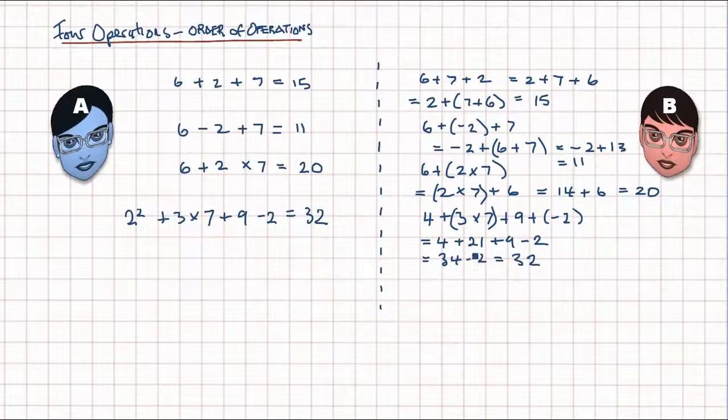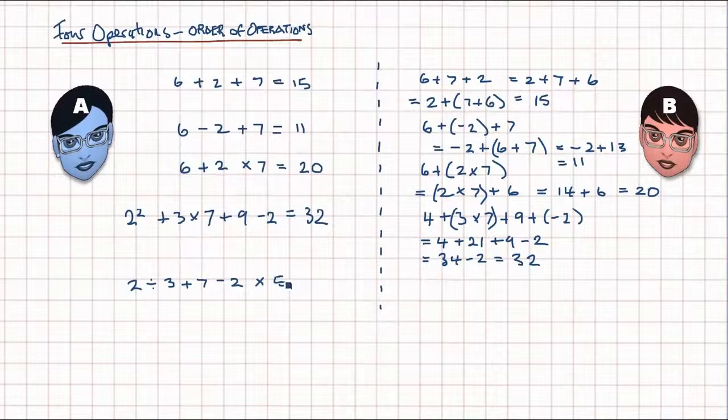Now let's do one final one, just to really try and confuse B. We've got 2, let's say, divide by 3. Let's choose any number here, but make sure we use all 4 of the operations. And let's calculate it first to see what the answer should be. So we've got to do the multiplication and division first.